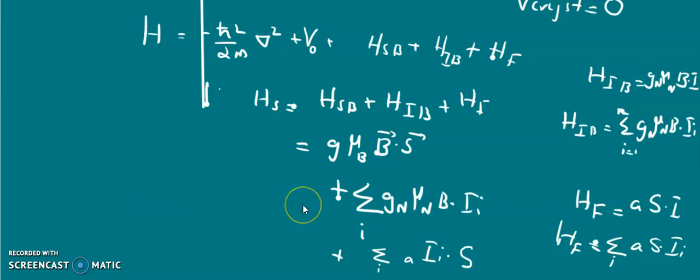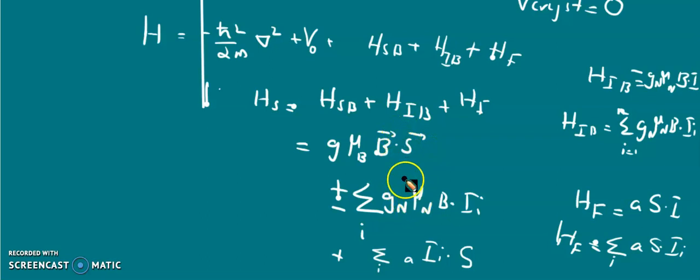And we have forgotten to put a negative sign over here. This HIB is negative. So, this is the Hamiltonian in the presence of the magnetic field. But the second term, minus summation over i of Gn mu n B dot Ii, is approximately 2000 times smaller than the first term.